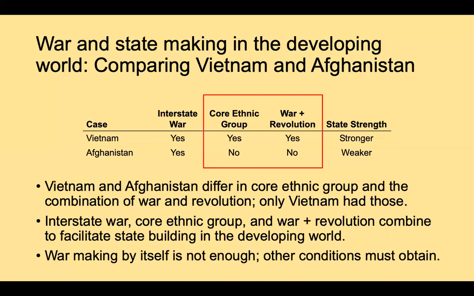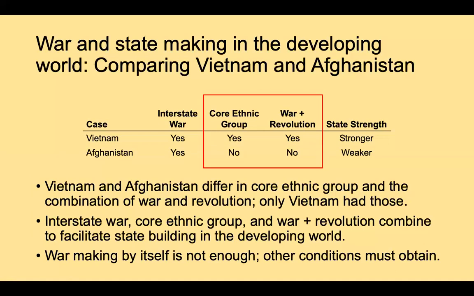And so in the final analysis, we can reach a few conclusions about these cases. We can say a few things about state formation. So what we can say is that Vietnam and Afghanistan differ in core ethnic group and in the combination of war and revolution. Only Vietnam had those two factors. Interstate war, core ethnic group, and war plus revolution appear to combine to facilitate state building in the developing world.